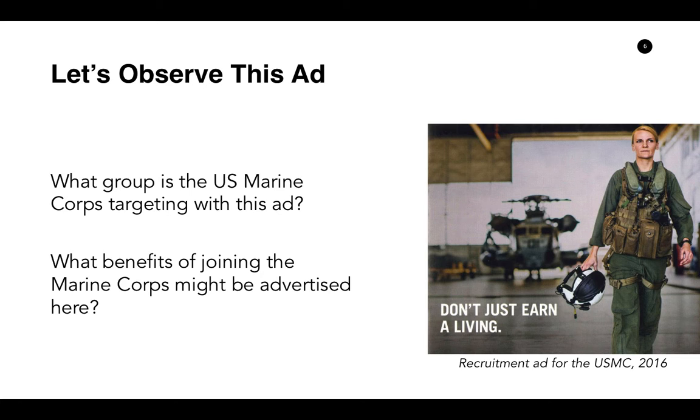So they have this woman in a very cool uniform with all these gadgets, a helmet for a helicopter, which means that she was just probably flying this amazing machine, and they're trying to relate on the amazingness of the whole ordeal. And it says don't just earn a living, like find a purpose, but it's really targeted to women because there is a woman in this ad.